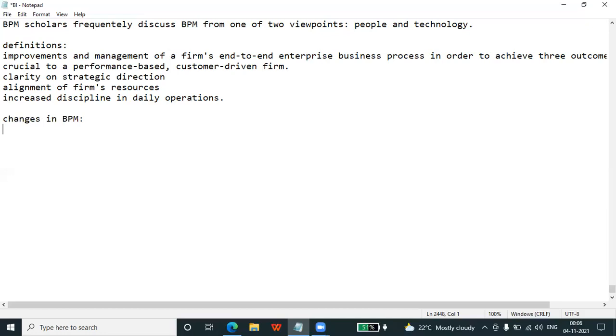The management and improvement approach as of 2010, with formal definitions and technical modeling, has been around since the early 1990s.